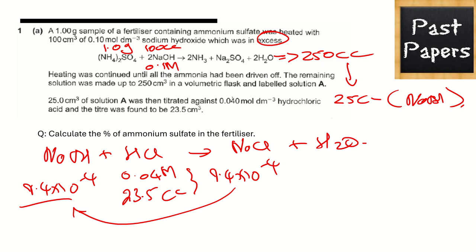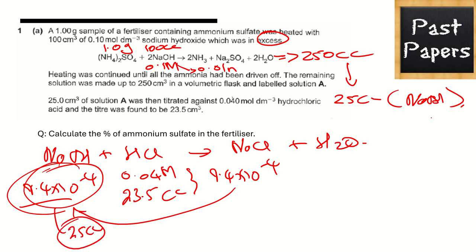Now, at the start of the reaction I had 0.1 times 0.1, so I had 0.01 moles of sodium hydroxide to begin with. This is how many moles I have that have not reacted, but I need to be careful because that is how many are not reacted in 25 cc's.